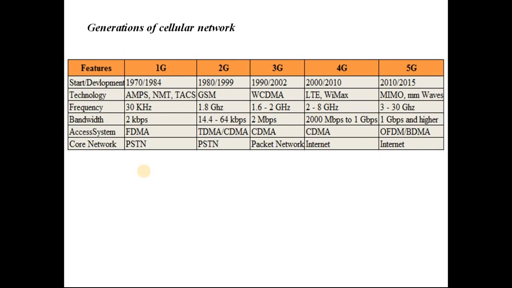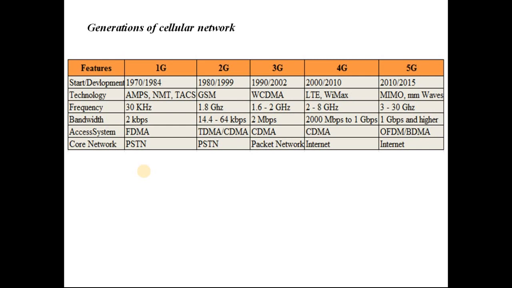And you can see there are different generations in cellular networks, which started with 1G, 2G, 3G, 4G, and the next upcoming one is 5G, which is still in progress. It is not completely implemented. Currently we have 4G.